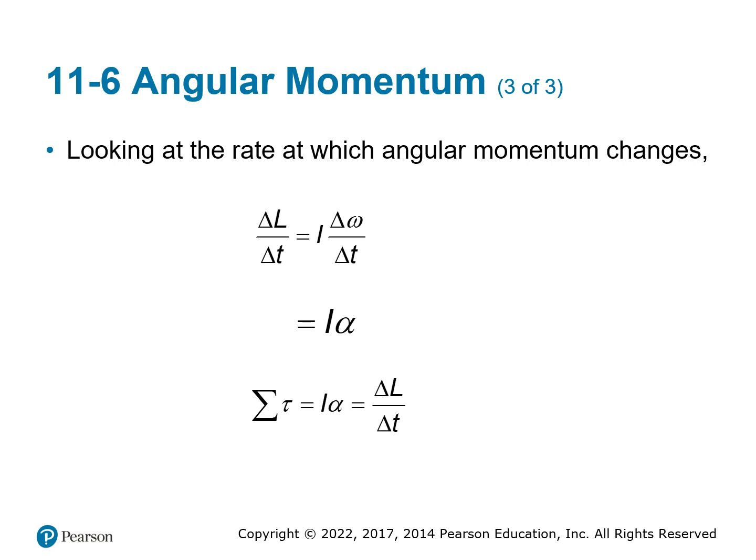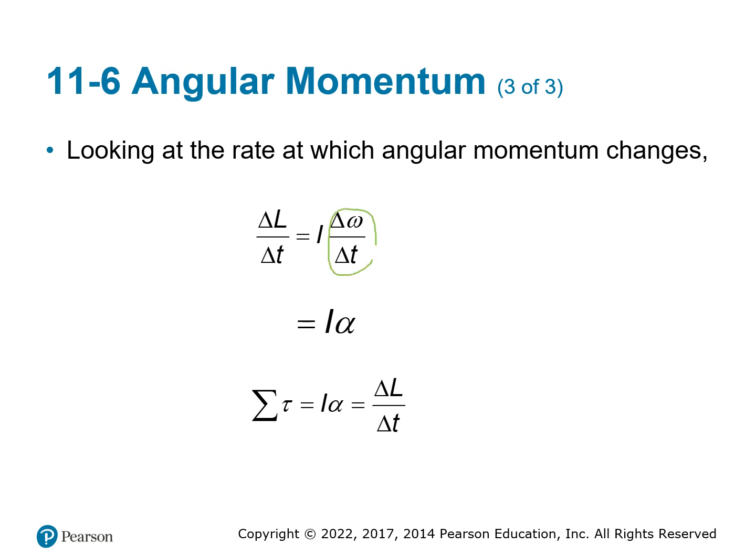So when you want to find the rate at which angular momentum changes, you can rearrange your equation. So you would do your angular momentum divided by the change in time, right? So that's that rate. So you can break it down into moment of inertia times change in angular velocity divided by time.